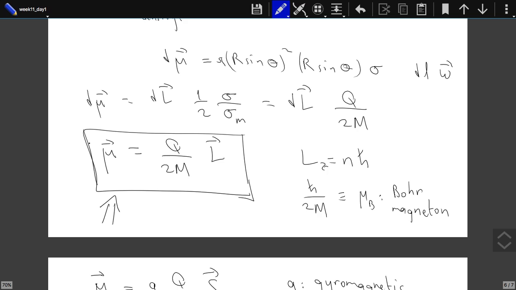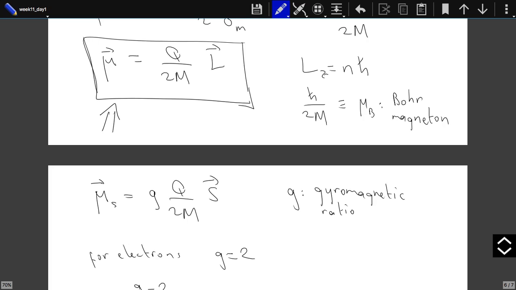In general, the magnetic dipole moment of a system can be written in terms of its angular momentum, as long as the sigma over sigma m ratio is constant in a given system. It doesn't really have to be a sphere. The crucial thing is this sigma over sigma m ratio.